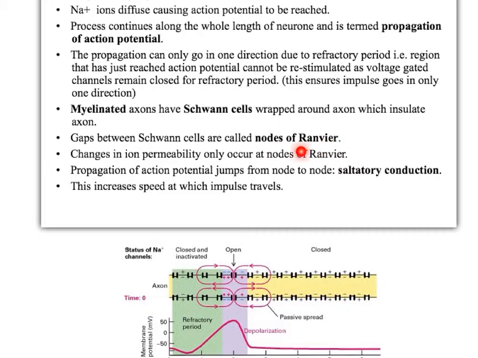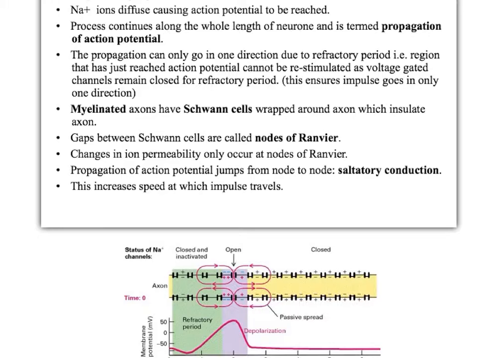The voltage-gated ion channels don't exist underneath the actual Schwann cell, and even if they did, that part of the cell is insulated, so sodium ions can't pass through the cell surface membrane because of the Schwann cell wrapped around the axon at that point. So it's only at the gaps between Schwann cells that all this occurs. The changes in ion permeability in the membrane only occur at the nodes of Ranvier.